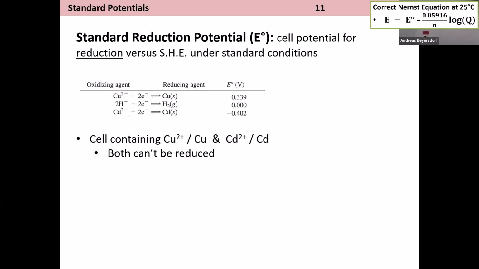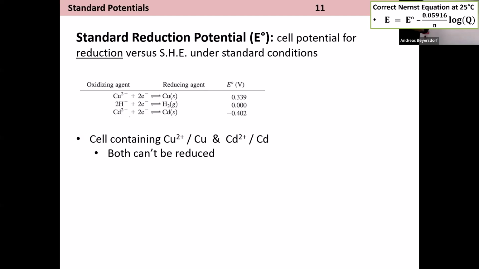All right, I look up at my values and I see that E naught for copper is 0.339 volts, and for cadmium is negative 0.402 volts. Which one of those is going to be reduced? The copper or the cadmium?